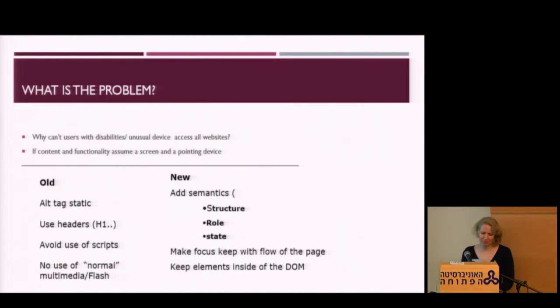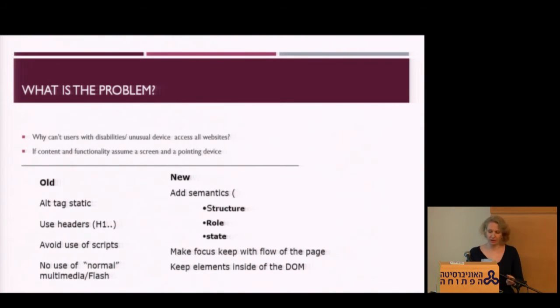And WCAG 2.0, we needed to work out why scripts didn't work with screen readers, why scripts were breaking in different user scenarios. And it was mainly a lack of semantics. When you had, say, a button, and it was an HTML button, then the semantics in the code, it was a button.